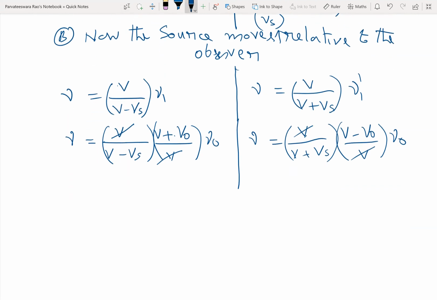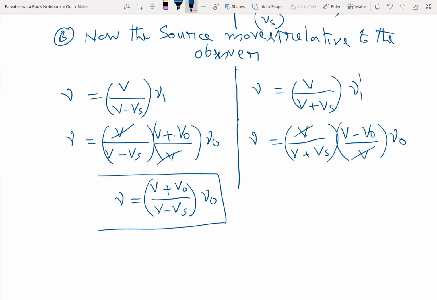Therefore, the expression for apparent frequency when the source and observer are approaching each other is V plus V naught by V minus Vs into nu naught. And when both of them are moving away from each other, nu2 is equal to V minus V naught by V plus Vs into nu naught.